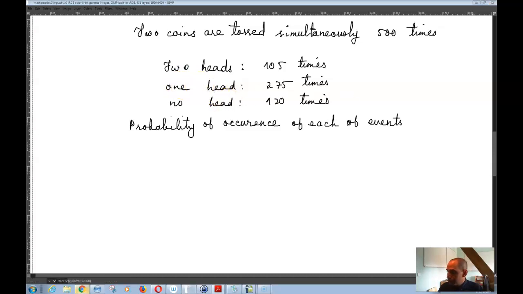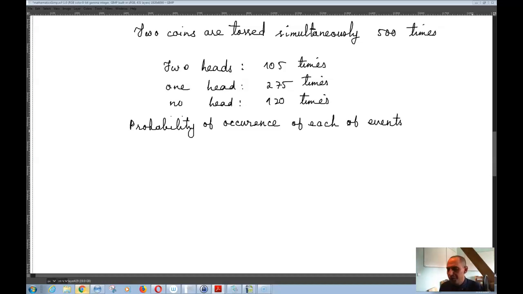To define an event, we said that an event for an experiment is the collection of some outcomes of the experiment.